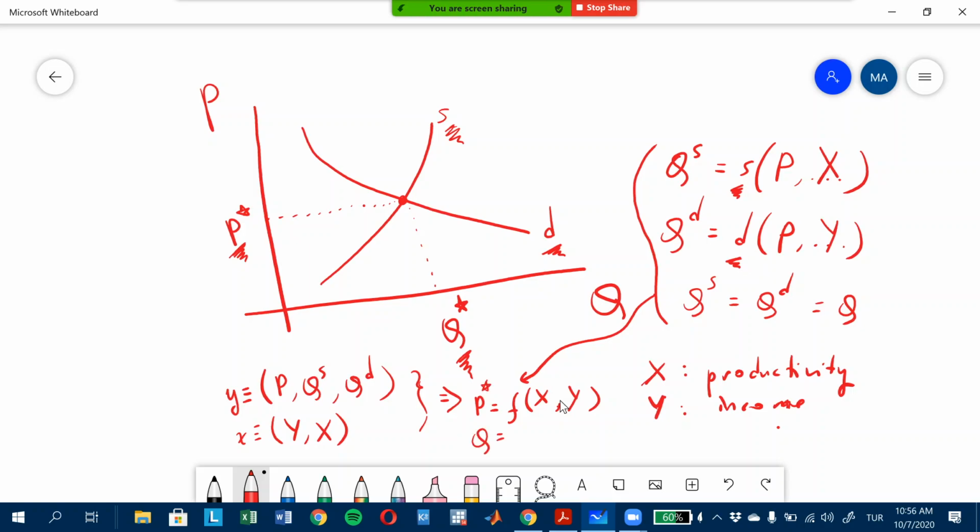Of course, these are now equilibrium quantities and prices, and you're going to express quantity as a function of productivity and income, right? So this becomes your solution.